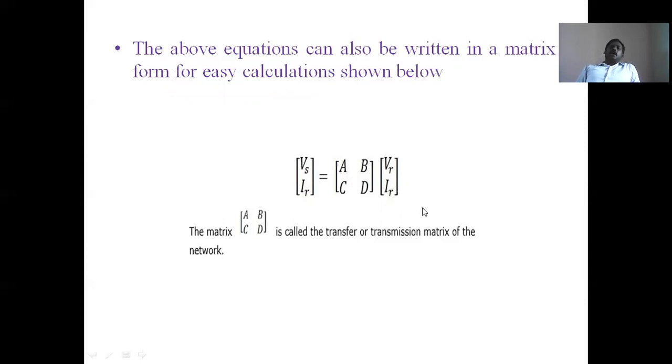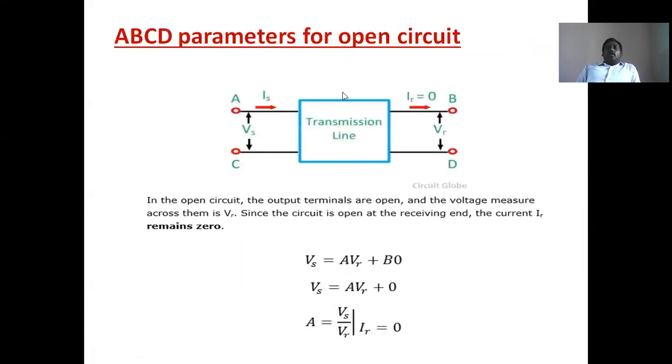Now how to determine these ABCD parameters? That is important here. See here, ABCD parameters for open circuit. That means the output port of the transmission line or two-port network is open circuited, but the input port is connected to the supply voltage, the sending end voltage. The output port is open circuited, that is, at no load condition.